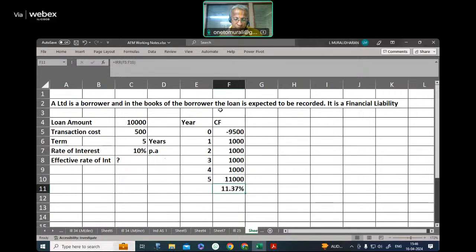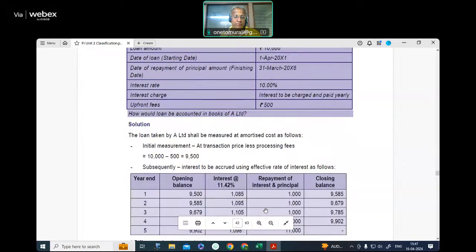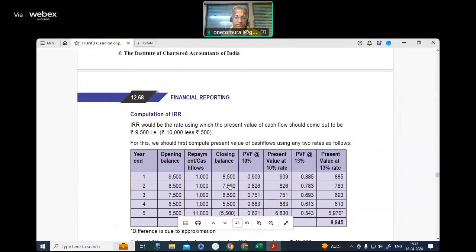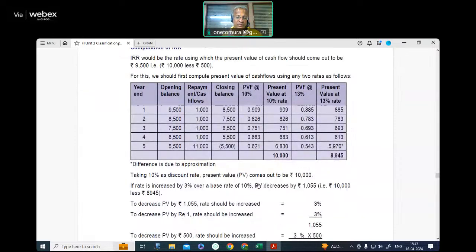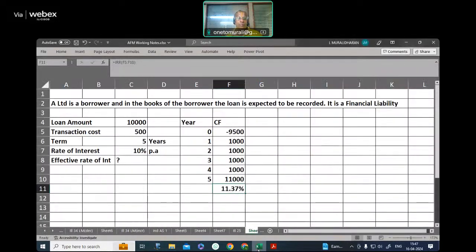Let me just check how many years and all that. Yes. 11.42 is what they are telling, because they have interpolated with much larger numbers, they got this number. So ours is more perfect, 11.37%.